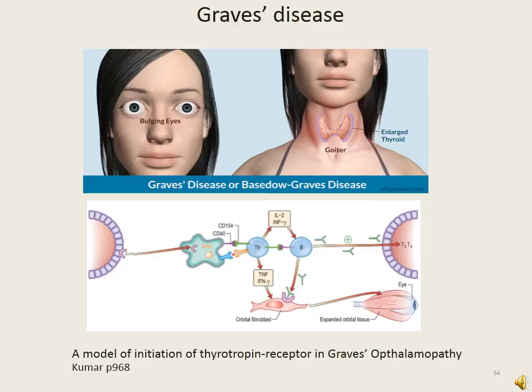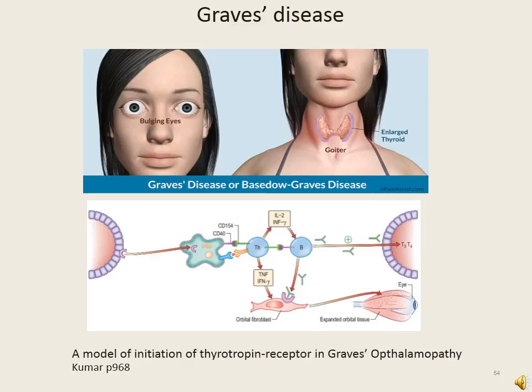The lower part of the slide shows you the diagram that upon the activation of the thyroid gland by autoantibody to the thyroid stimulating hormone receptor, there is the activity of T cell.